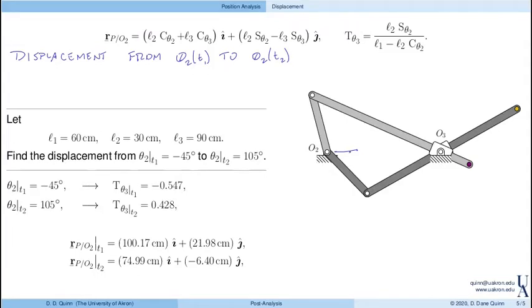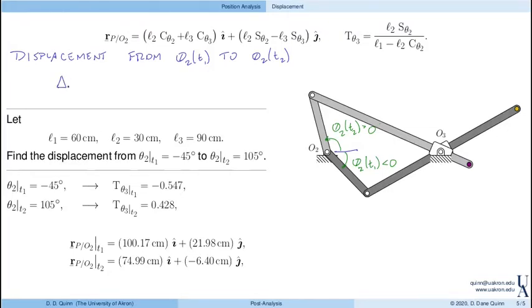So maybe in this case, theta 2 starts off down here. Notice that this angle is less than 0, right? Because theta 2 was defined positive clockwise. And then it goes to a larger angle, right? So this will be theta 2 at time t2, which in this case is greater than 0.